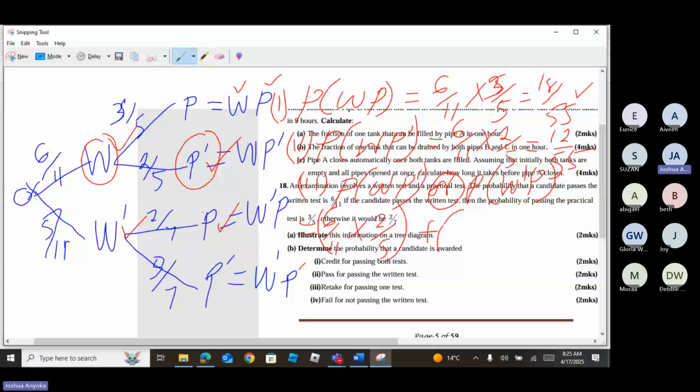And the probability that we fail is 5 over 11 times 2 over 7. This one gives us 12 over 55 plus 10 over 77. Work out with your calculator. What do you get?